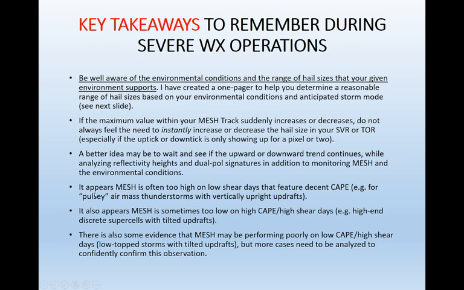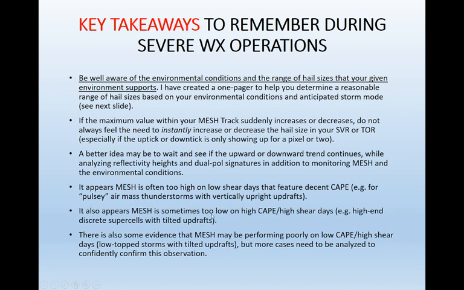Also, like I said, one thing definitely worth remembering, it does appear mesh is often too high on low shear days that feature decent cape. So for those pulsy air mass-like thunderstorms with vertically upright updrafts. And the opposite holds true for high cape, high shear days, or in other words, days where discrete supercells, high-end supercells are favored with nice tilted updrafts.